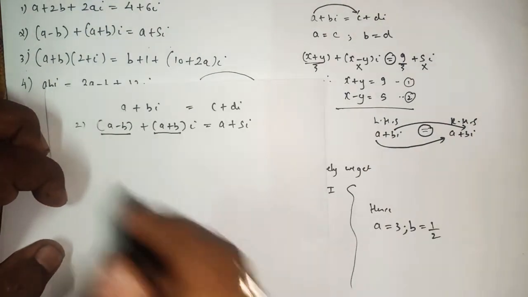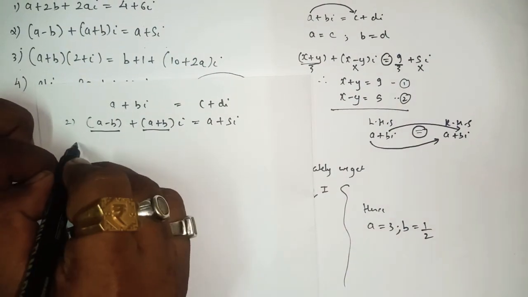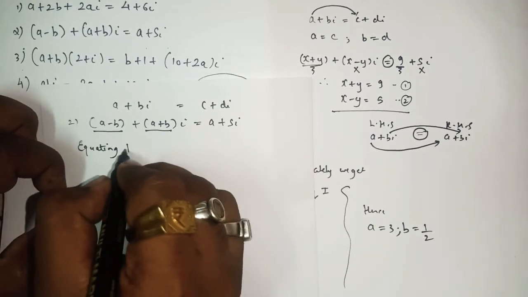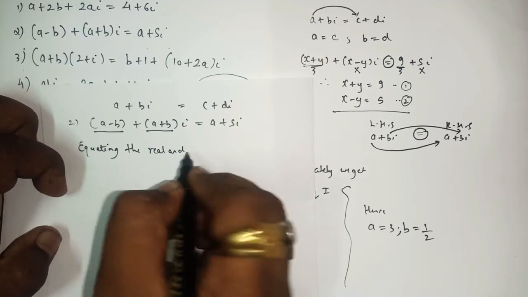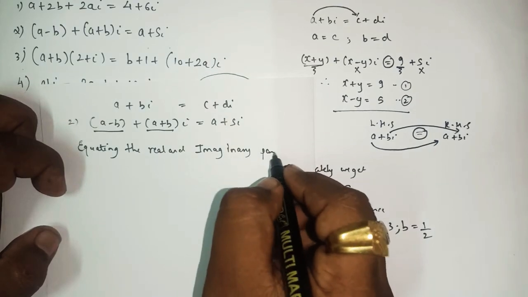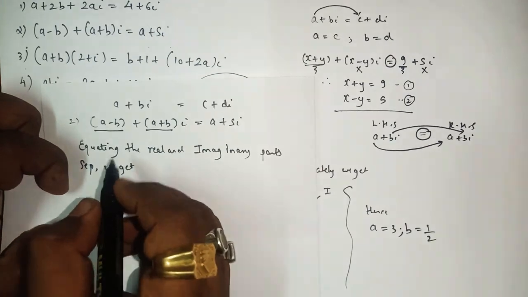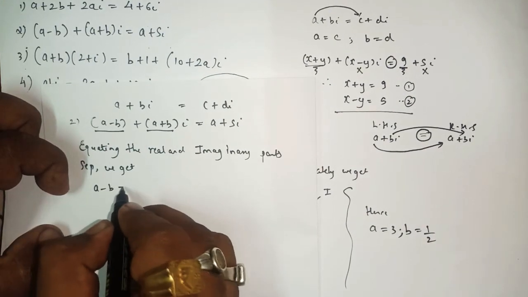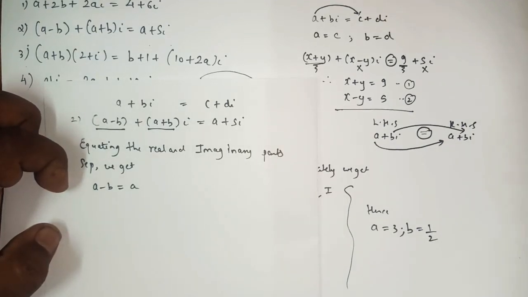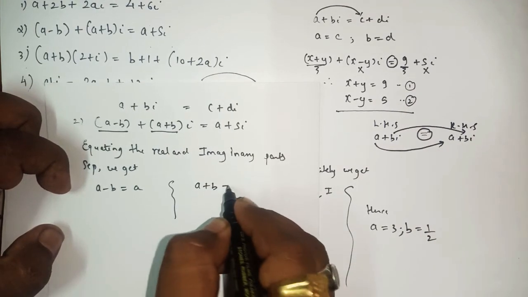Already it is mentioned in the question that a minus b is inside the bracket, yes or no. So simply here you will write, equating the real and imaginary part separately, so we get what. Here we can see that a minus b will be equal to a, yes or no. And the second part is a plus b equals 5.